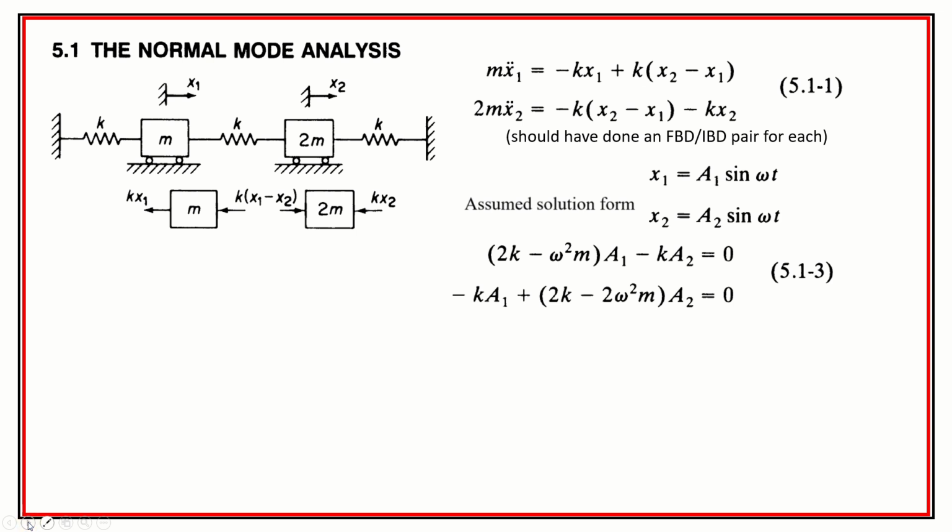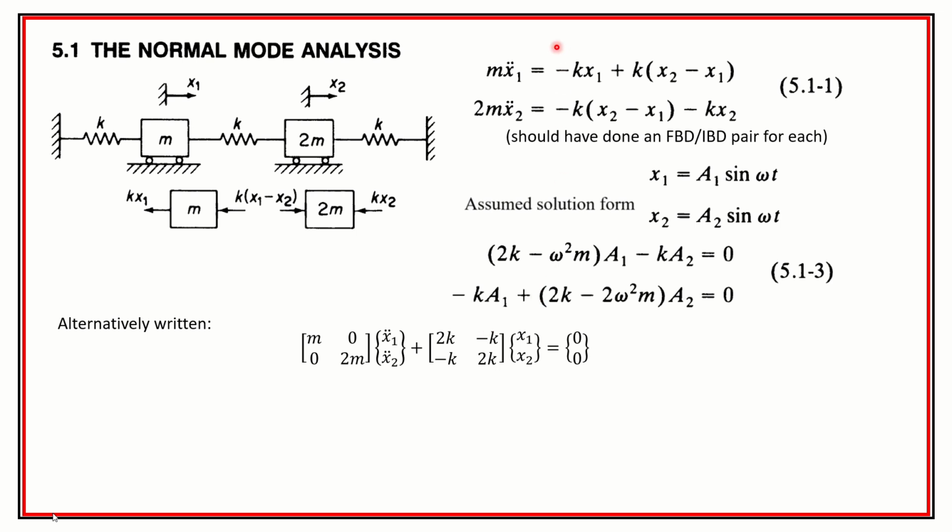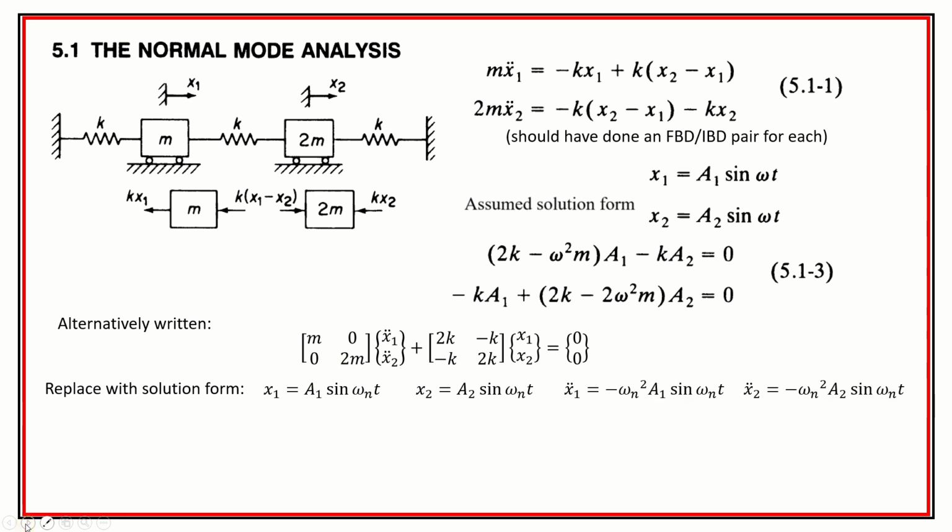So we could substitute those in. Notably, they skipped a step, so I would write this in a different way. I'd alternatively write out this initial set of equations up here. I'd write them into matrix form, and then I would say, here's my solution form in x1 and x2, but also as x double dot 1 and x double dot 2.